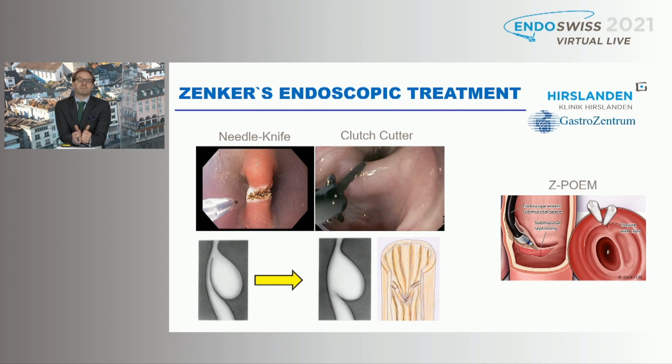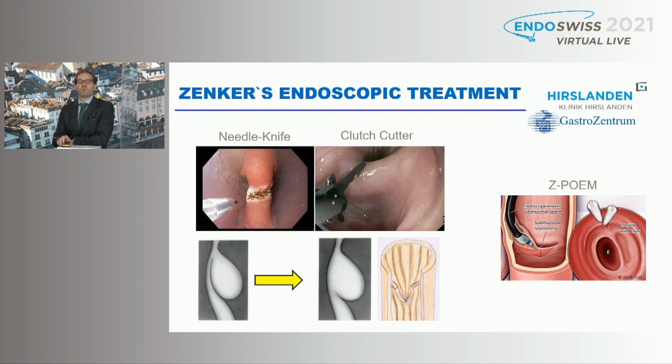And the myotomy is as long as the ZENKER diverticulum is. So it's most of the cases around 2-3 centimeters, which might be the reason why we are quite effective with the therapy. And here you see below the picture that we open up the septum. The cricopharyngeal muscle is opened up, and we can enter the esophagus quite easily. Also, the diverticulum sac will remain.